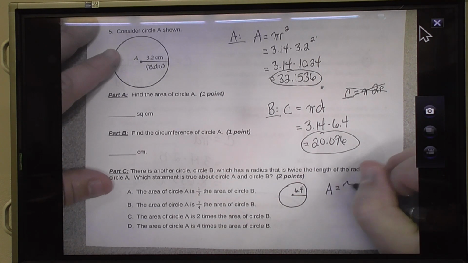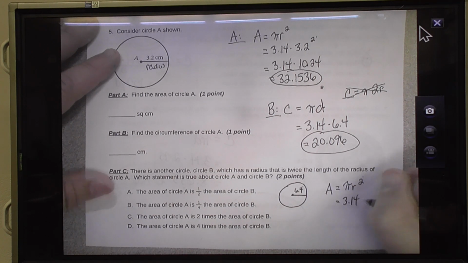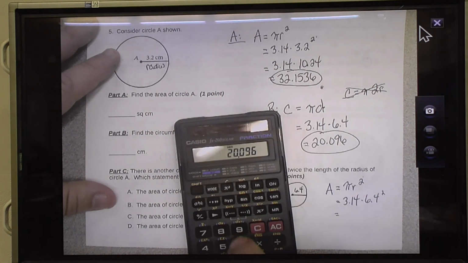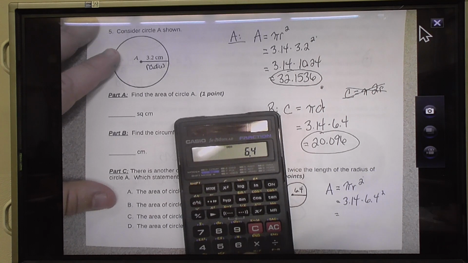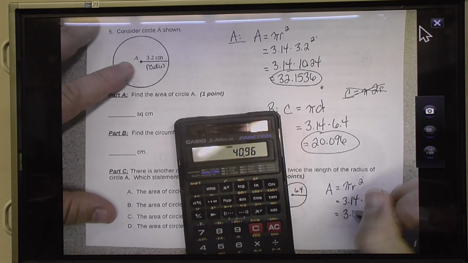So area is equal to pi r squared, 3.14 times the radius, which is 6.4, and we need to square that. So the first thing I'm going to do is 6.4 times 6.4 and get 40.96.